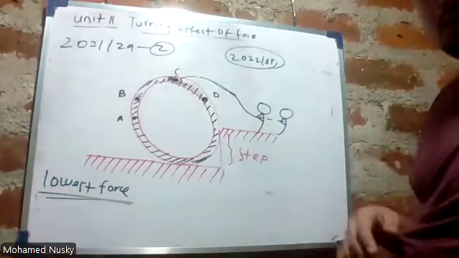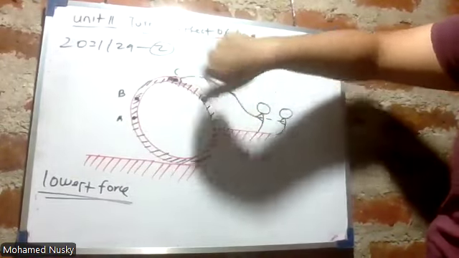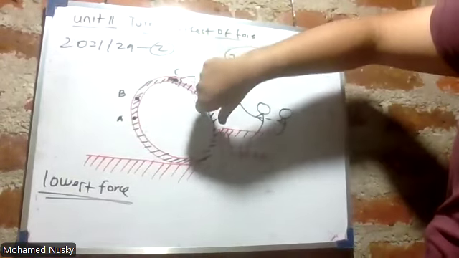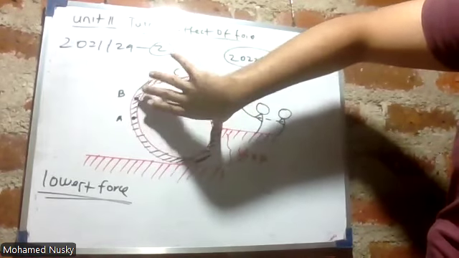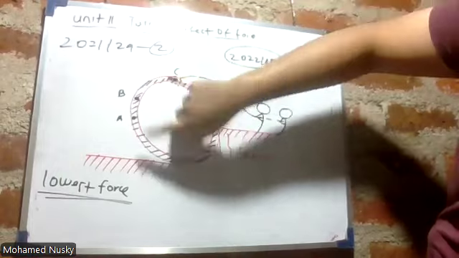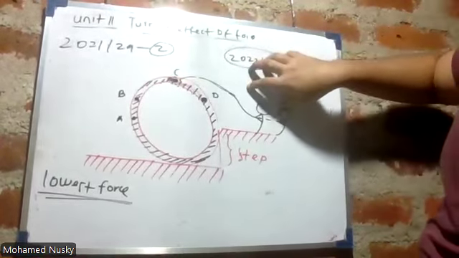Now, here we have the rotation, here we have the ring. The ring is going to move up like this, and then it's going to reach here.